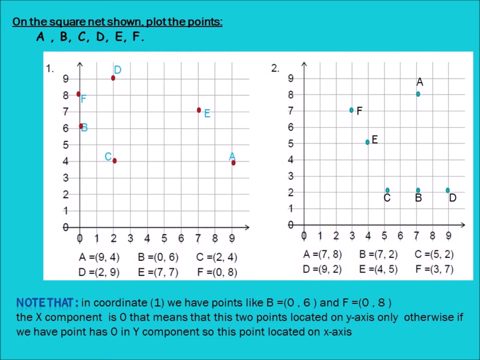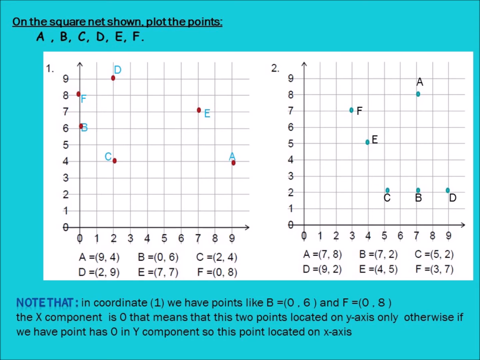The point C, we have 2 and 4. So I will start from 0 on the x-axis, I will move 2 units forward, then move upward for 4 units or 4 steps, then plot the point C.